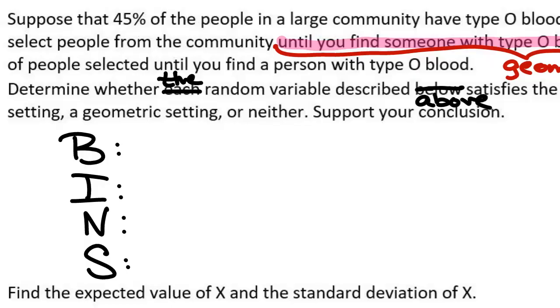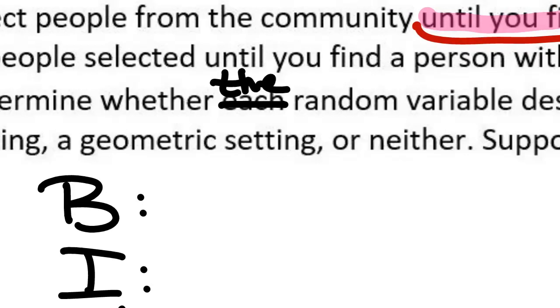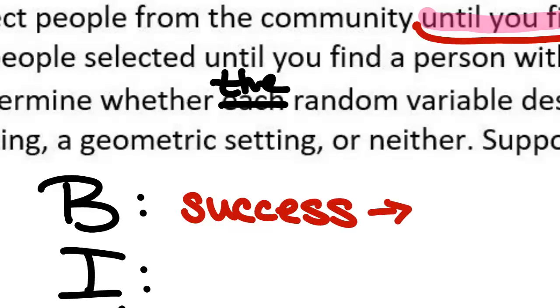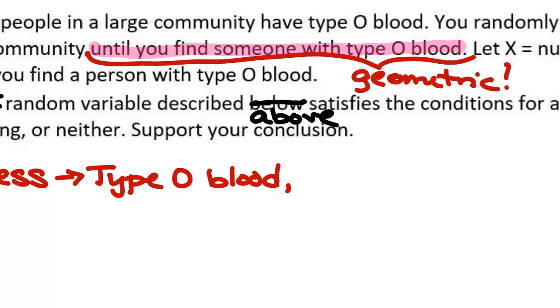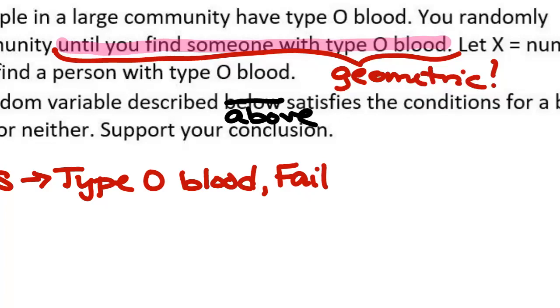Binary. Is this binary? Yes. What is success? Somebody with O blood? Yes. Success would be type O blood. So what would failure be then? Not anything else.